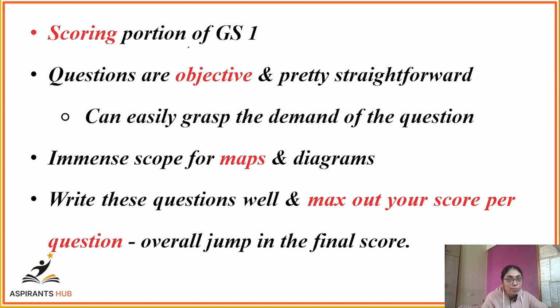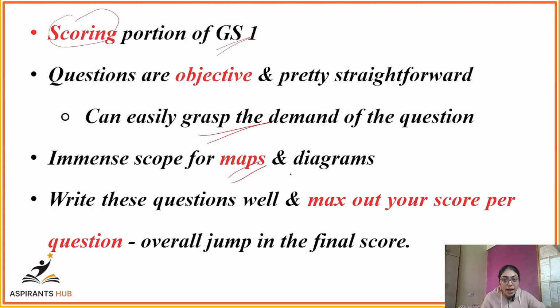See, first and foremost, please understand that geography is the most scoring portion of GS1 because when you read the question, it is very objective in nature and very straightforward as well. So, immediately on reading itself, you will be able to grasp the demand of the question. Then there is scope for maps and diagrams across all the geography questions.